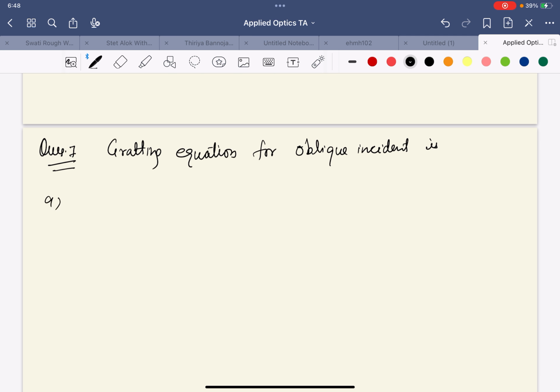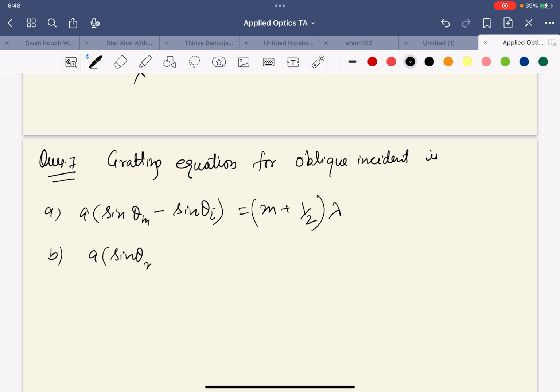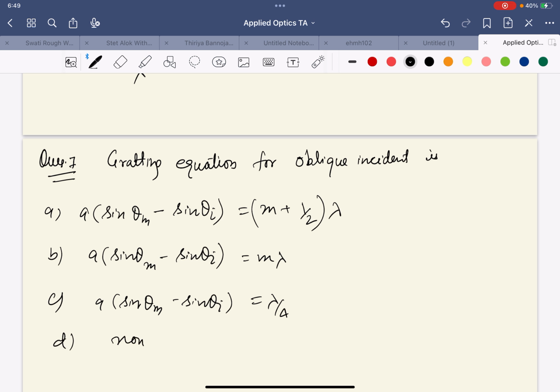So we know that option A is d (sine theta m minus sine theta i) equal to (m plus half) lambda, and B is d (sine theta m minus sine theta i) equal to m lambda, and C is d (sine theta m minus sine theta i) equal to lambda by 4. Option D is none of the above.